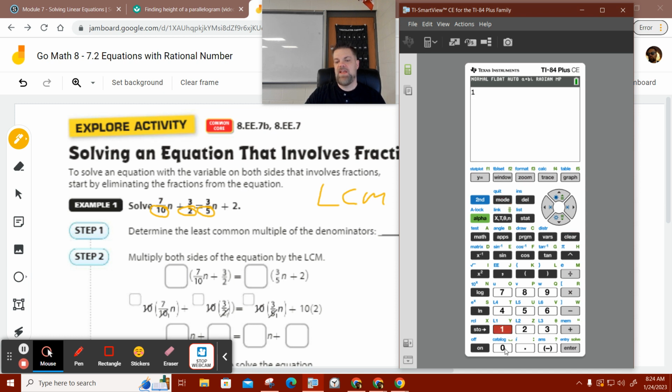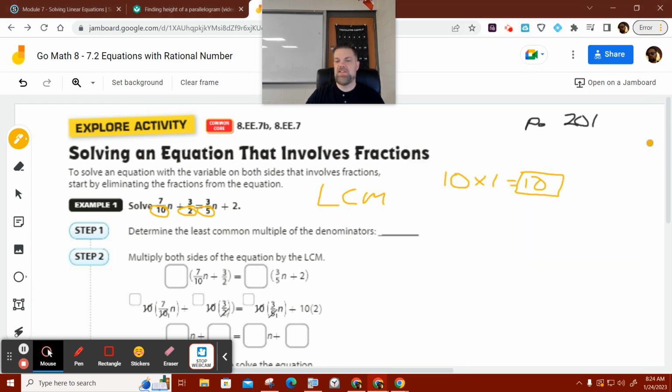And I'm going to say 10 divided by 2. Does it go into it? Yep, 5 times. And then I'm going to say 10 divided by 5. Does it go into it? Yep. So 10 is actually the lowest common multiple, as you guys guessed. Okay? But the process is the same.